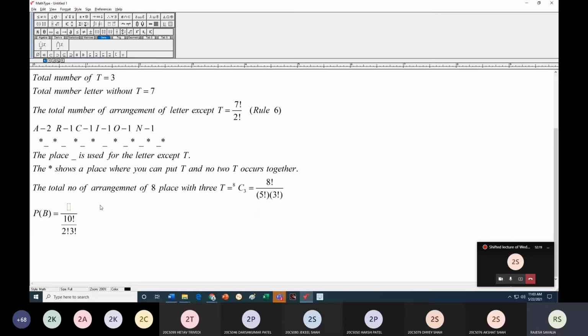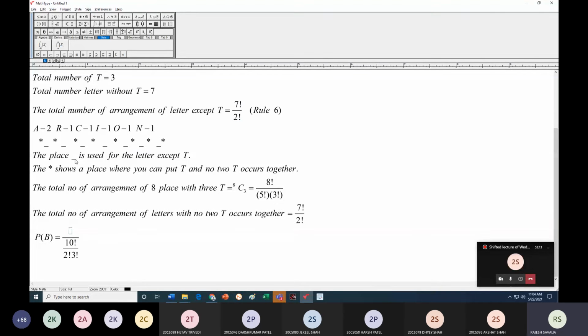So using this rule 2, I am going to say that the total number of arrangements of letters with no two T's occurring together is equal to: first trial, arrangement of letters without T, 7 factorial divided by 2 factorial.